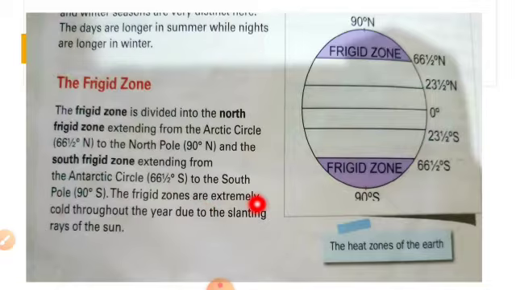The frigid zones are extremely cold throughout the year due to the slanting rays of the sun. Frigid zone climate is very cold.